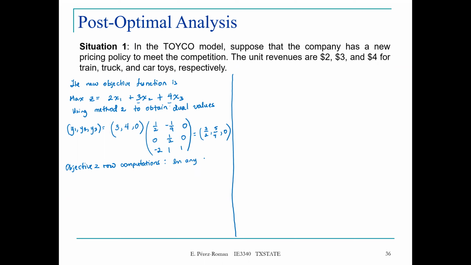In any simplex iteration, an iteration of the simplex algorithm, the objective coefficient for the reduced cost of xj is computed as follows.